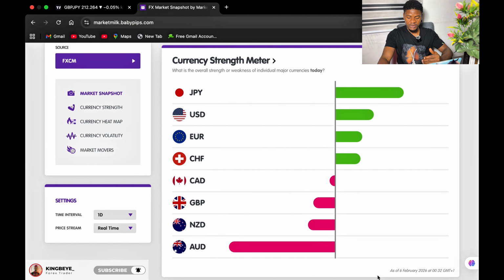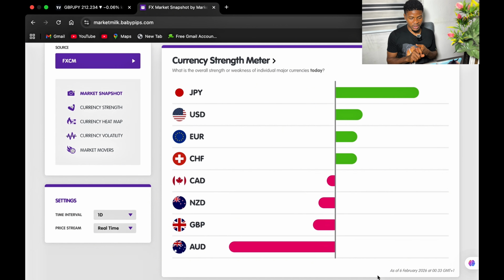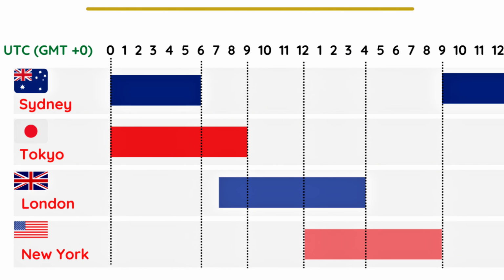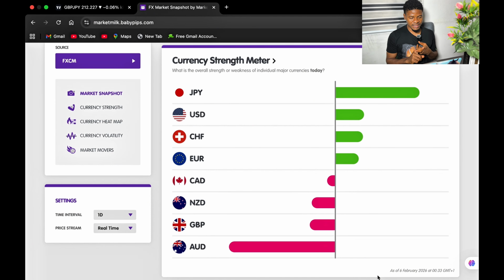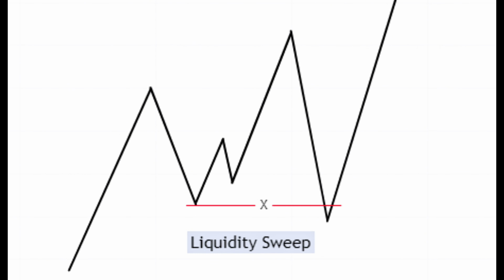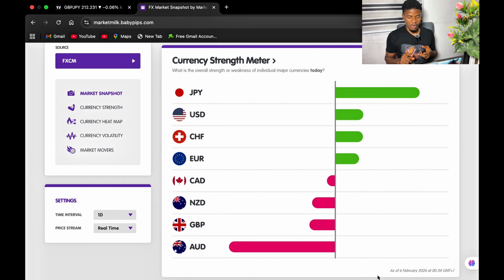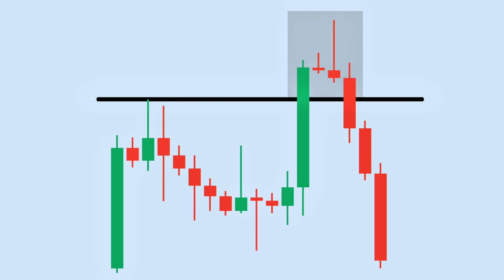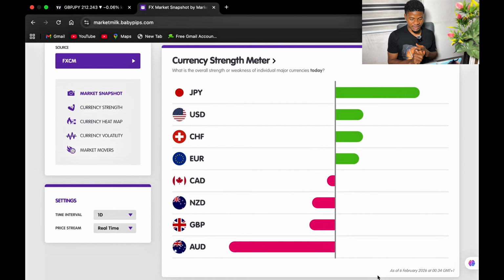Now, once you've gotten your daily bias, you have to wait for the London session from 9 to 11. If the market doesn't pull back in this time to take out the previous low in a bullish market, or the previous high in a bearish market, then it's not valid.